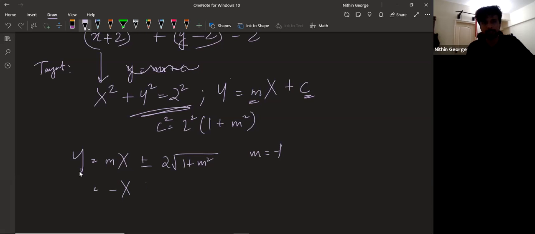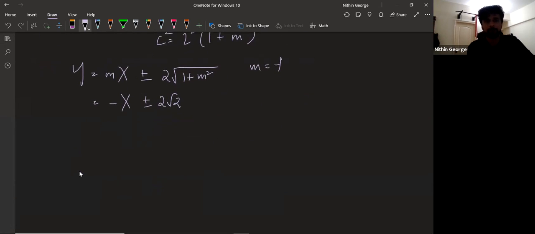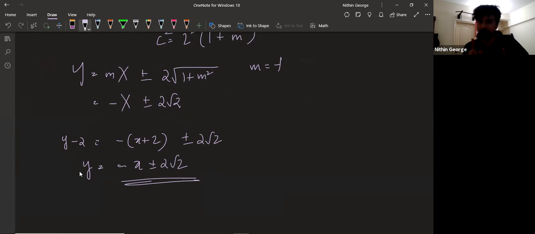This becomes minus x plus or minus 2 root 2. This is where we get the correct answer. So I replace y with y minus 2 and x with x plus 2 to get our actual equation. So now y minus 2 is equal to minus (x plus 2) plus or minus 2 root 2. This is easier, right? Translating axis.